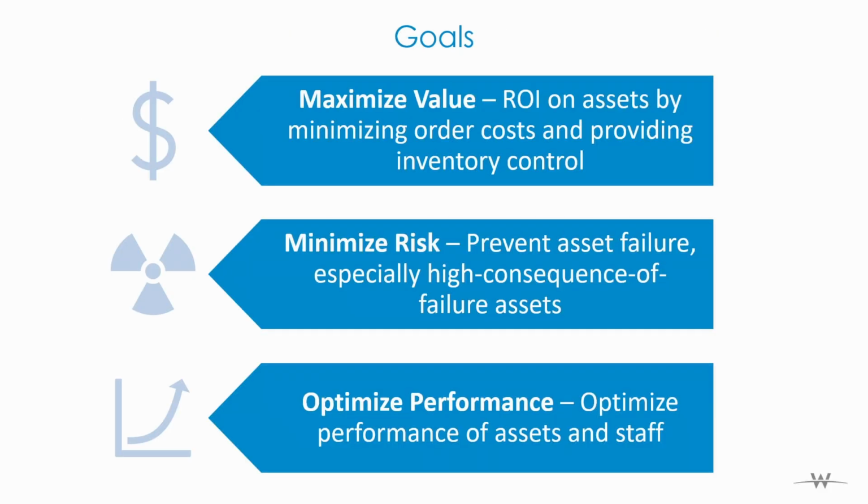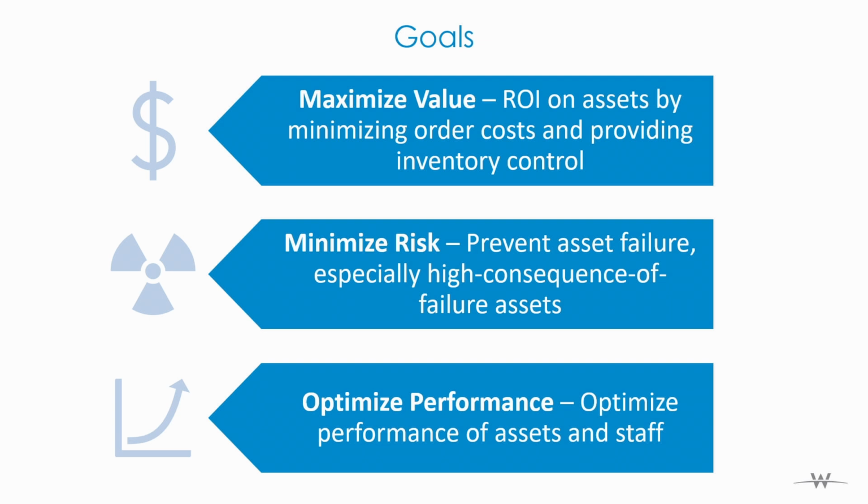The goals of optimizing our material and asset management are to get an ROI on our assets, right? We want our assets to last as long as possible with a well-planned maintenance program, and also incorporate a well-planned maintenance material strategy that minimizes order cost and provides inventory control to prevent overstocking and understocking, right?